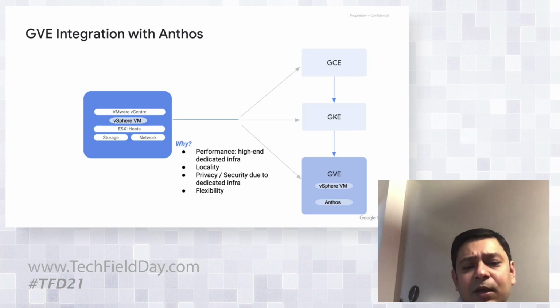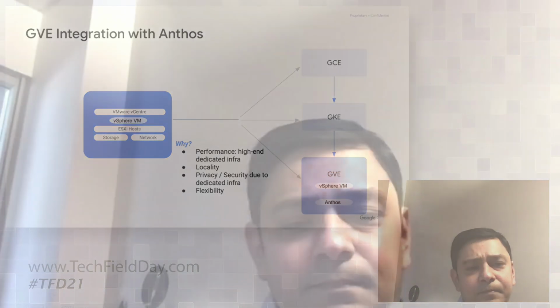Wherever privacy and security concerns are paramount, GVE is a good fit. Running Anthos on GVE provides more flexibility overall to the options our customers have. So that's another way we are adding more choice and flexibility to our users.